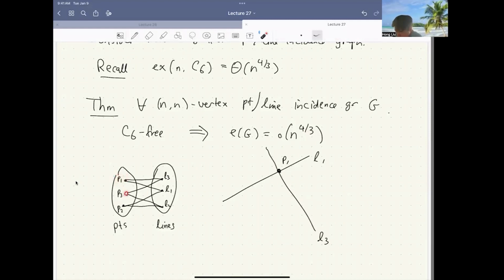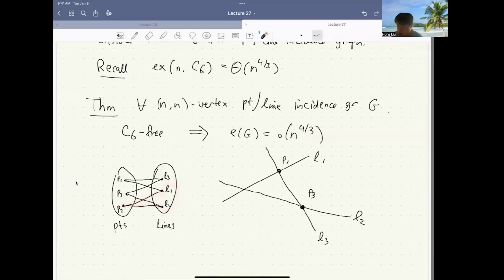Let's look at P3. P3 is a point on L3, so P3 is somewhere here. P3 is also a point on L2, so it's the intersection point of L3 and L2. Now, at the end, we look at P2. P2 is actually an intersection point of L1 and L2.